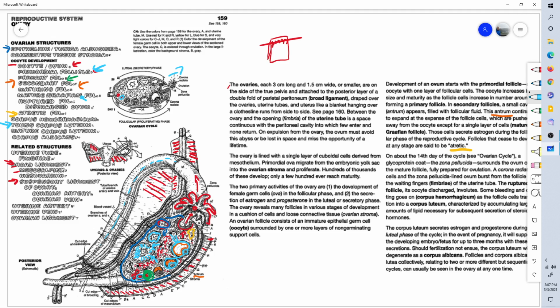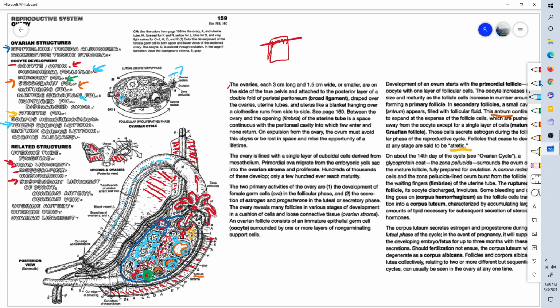It signals the rest of the body that it's time to prepare for a baby. And even if pregnancy does occur, the corpus luteum still continues to send out hormones to signal the body for 3 months or so to prepare for birth and the growth of that potential child.